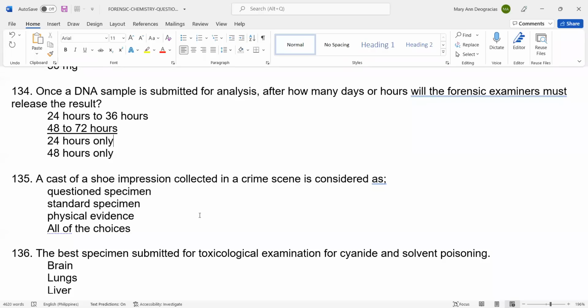Okay, the answer is letter. Sino ko ang sagot niyo? Okay, A.